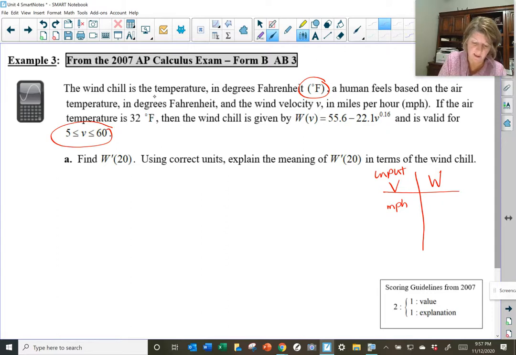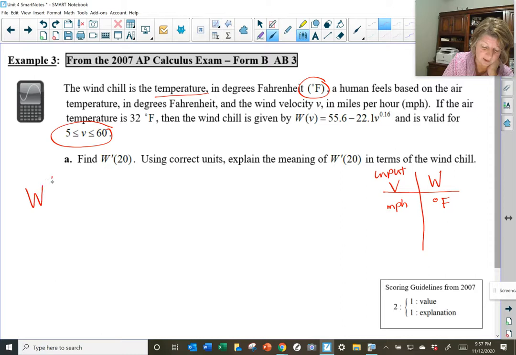Wind chill is the temperature, so that would be degrees Fahrenheit. There we go. So I'm just going to keep those units in mind. When reading those problems, sometimes you have to do some searching to finally figure out where they're laying out those units. Find W prime of 20.